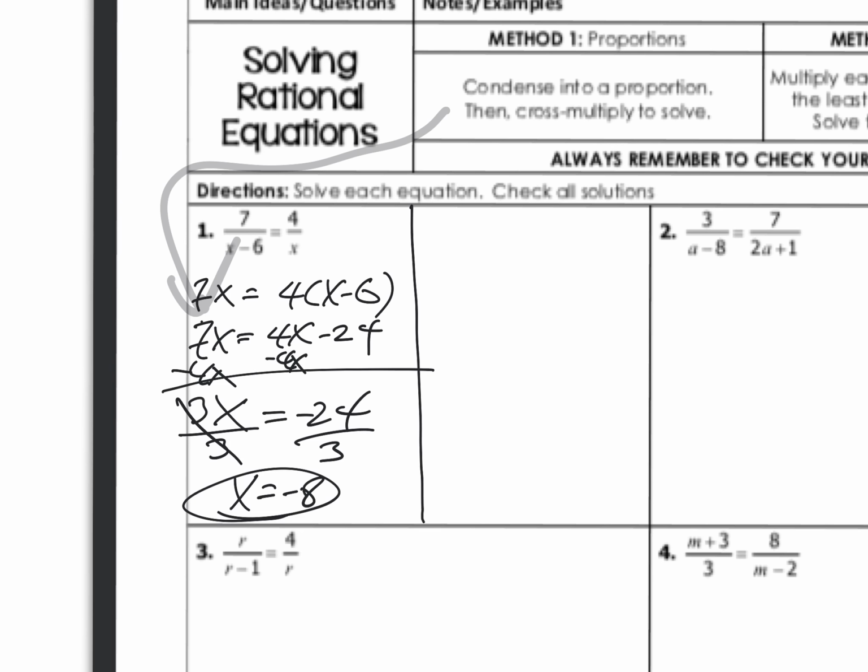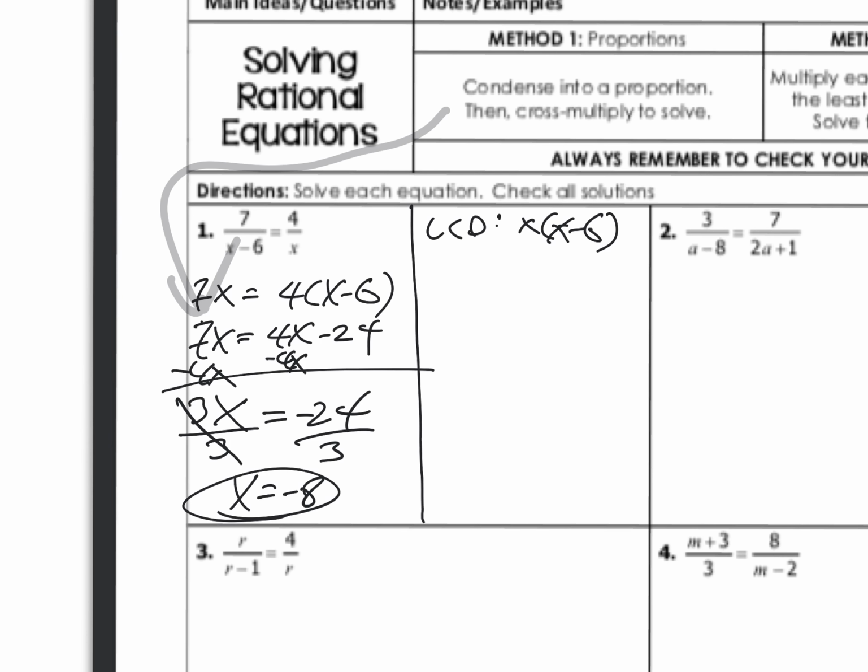We're going to multiply by the LCD on both sides, the lowest common denominator. Back when we were adding and subtracting rational expressions, we talked about the lowest common denominator. In this case, the LCD is x times x minus 6, because our denominators are x and x minus 6, so I multiply them together.